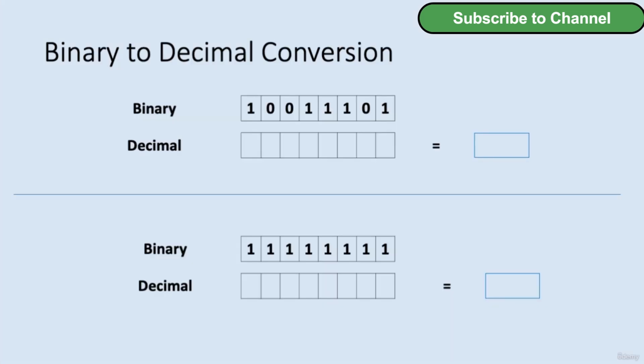In this slide, we will learn how to convert a binary number into decimal. Given is an 8-bit binary number. To convert it into decimal, we will start from 1 and the next cell will have the value double of the previous value, that's 2.